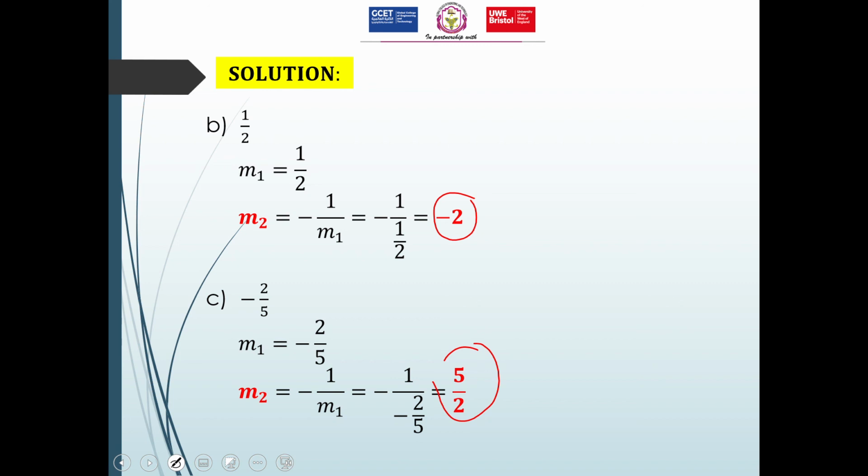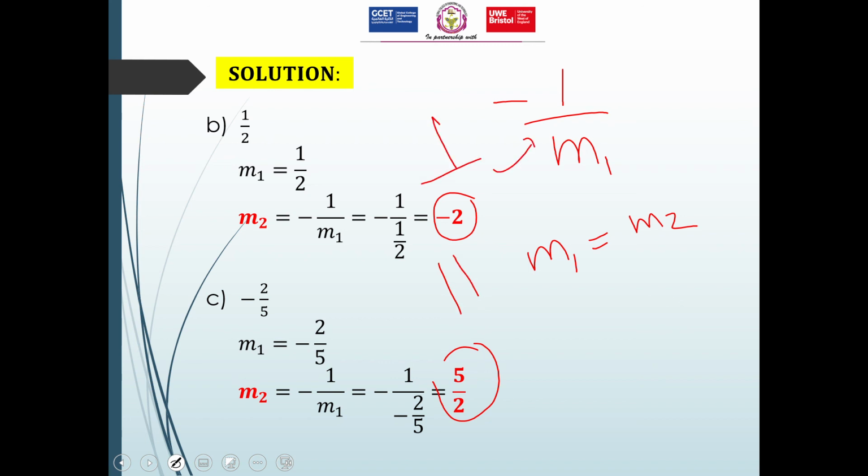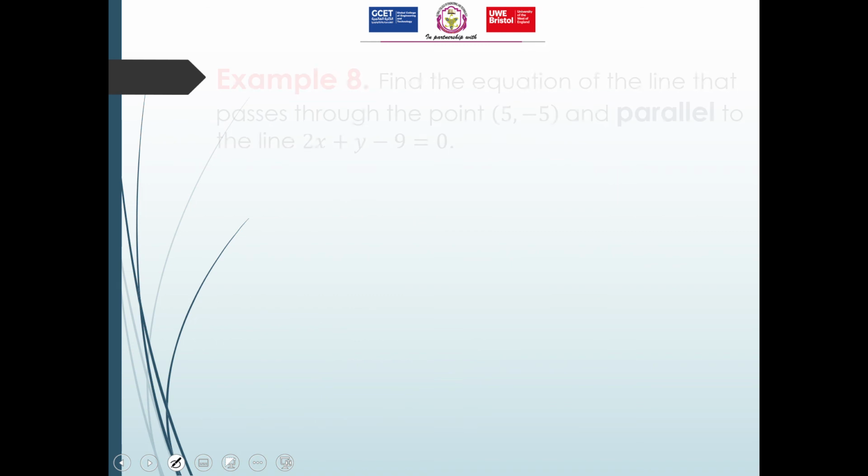So remember, if they are parallel, the same gradient. If they're perpendicular, we need to get minus 1 by m1. So parallel, same. If perpendicular, apply this rule. Okay.